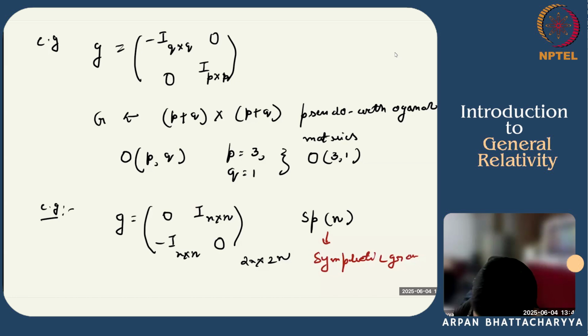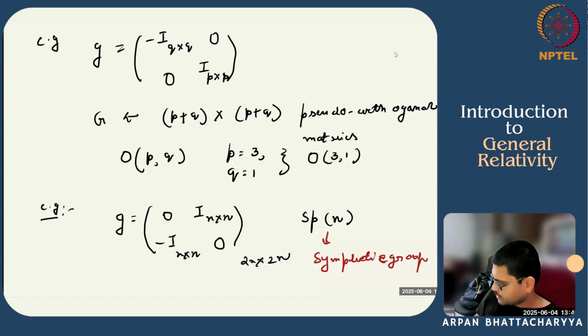And if you remember your Poisson bracket from classical mechanics, symplectic transformations are those transformations which keep the Poisson bracket structure invariant. Basically, they correspond to the canonical transformations that you are familiar with from classical mechanics.